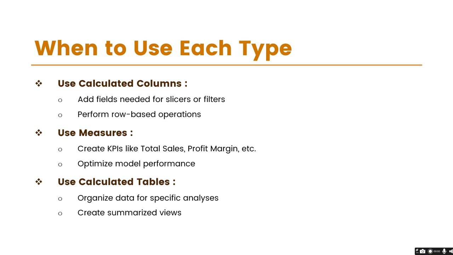Measures are your go-to for creating key performance indicators, or KPIs, like total sales or profit margin, and calculated tables are ideal for summarizing data or creating organized views for reporting.